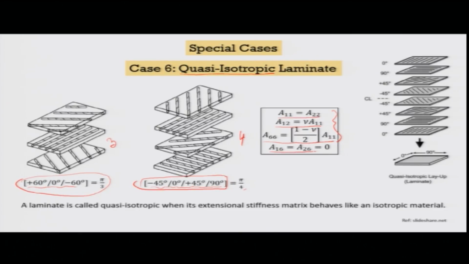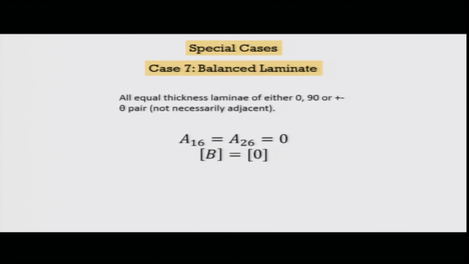Also, A16 and A26 equal 0. You can develop this only if you design the plies with this particular angle condition, then only will it behave like an isotropic material in plane.